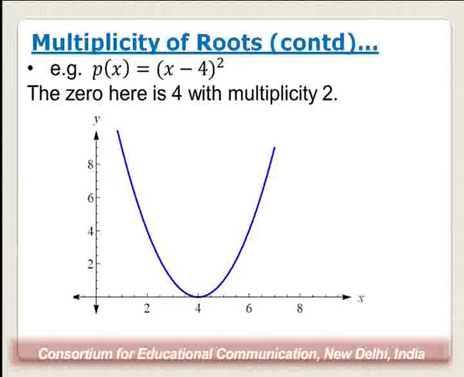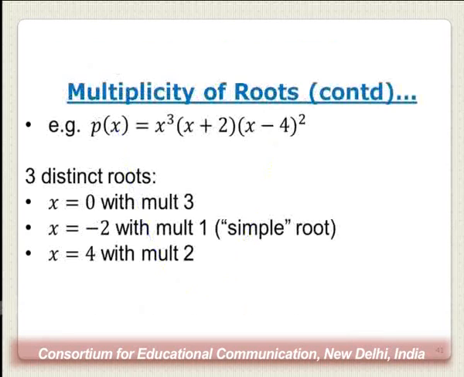So, 64 minus 64 is 0. The discriminant is 0, and that is why the graph just bounces off the x-axis at x equal to 4. It's a repeated root, a 0 with multiplicity 2.